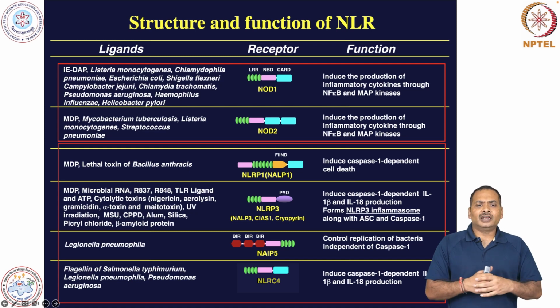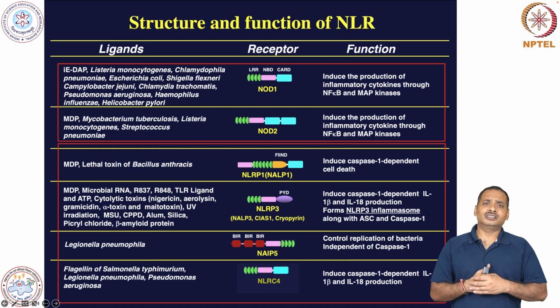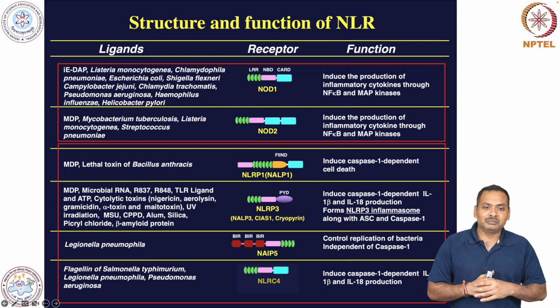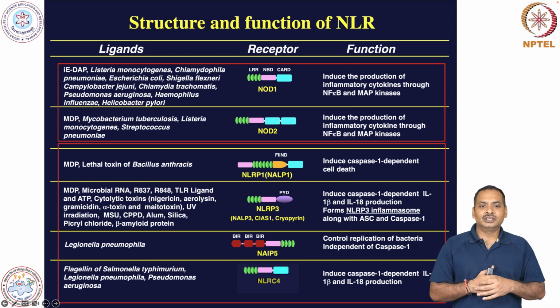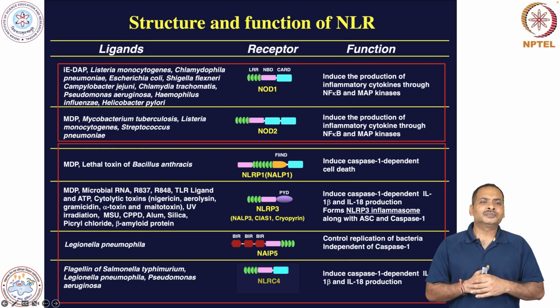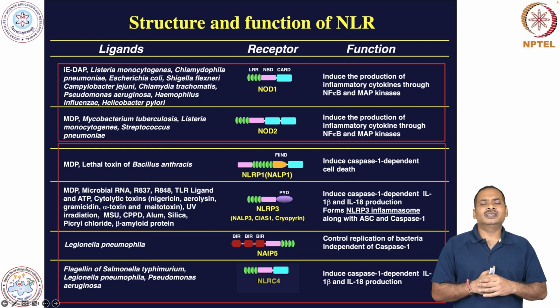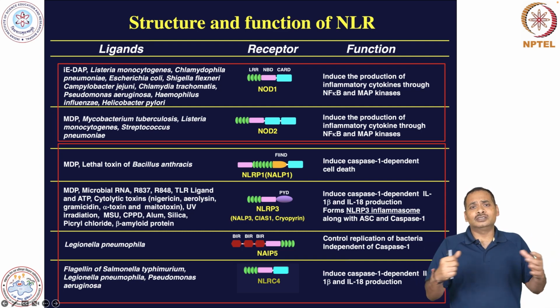Another is NLRP3. As I told you, this is a very well characterized NLRP family member. Okay. We also call it NALP3 and CIAS1, cryopyrin. Okay, so this protein senses a plethora of ligands. It's a huge list.